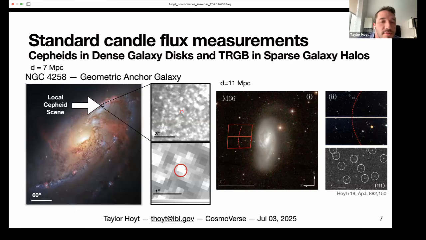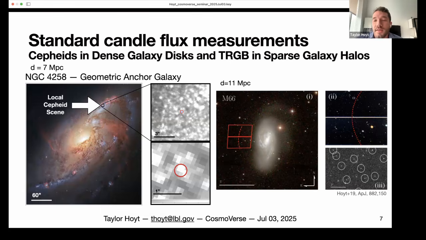So there are a lot of sources around the Cepheid that may or may not be deblended in this galaxy. They are reasonably well deblended, but still there's significant scatter in the flux measurements. And this is the most nearby you can get for a measurement.